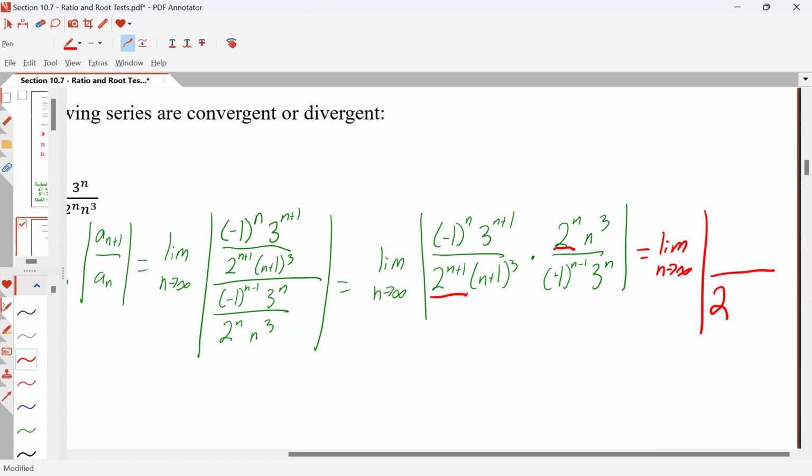So 2 to the n over 2 to the n plus 1 comes out to be 1 over 2. And we also have a 3 to the n plus 1 and a 3 to the n. Those cancel to give us a 3.